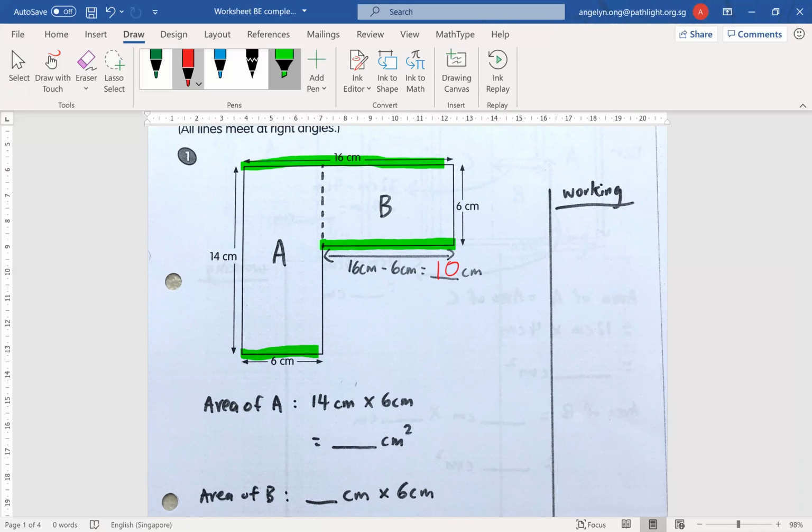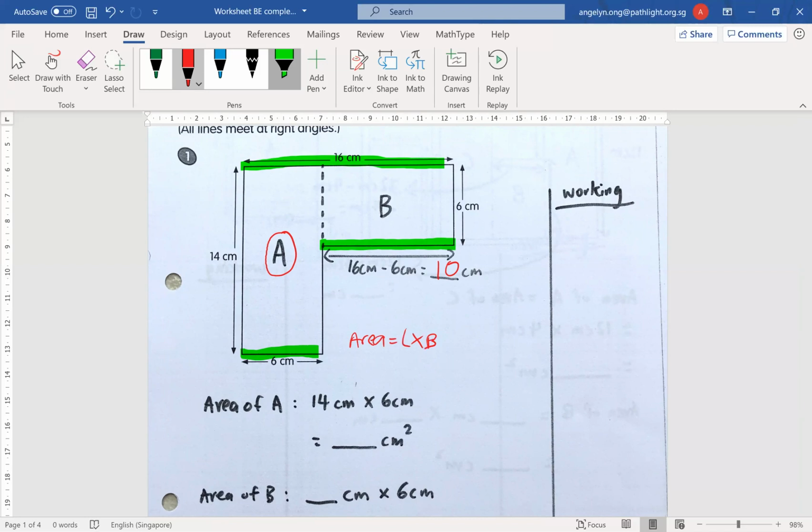All right, so how do we go about finding the different areas? First, let's find the area of rectangle A over here. Now the length is 14 and the breadth is 6. So because area equals length times breadth, we're going to take 14 times 6.